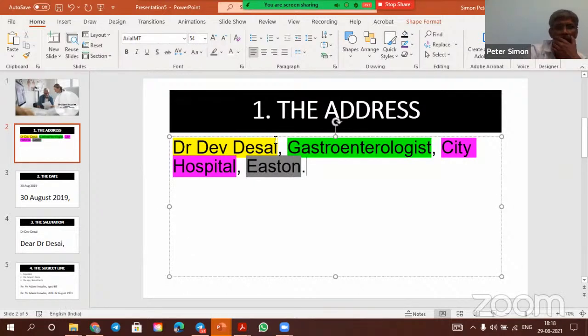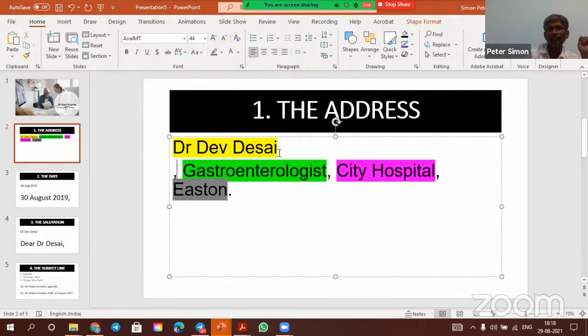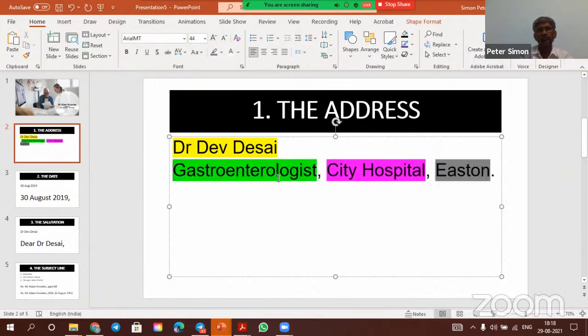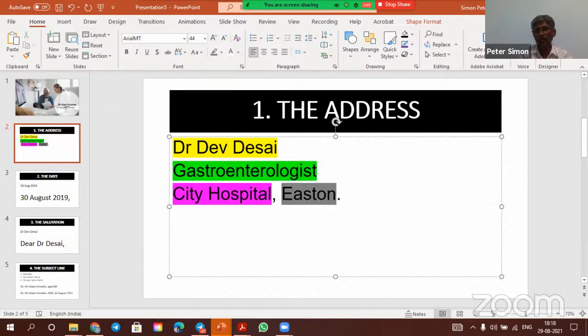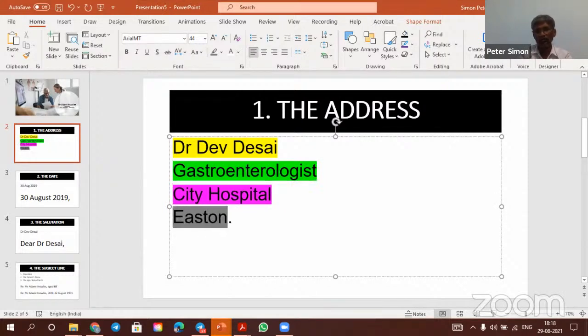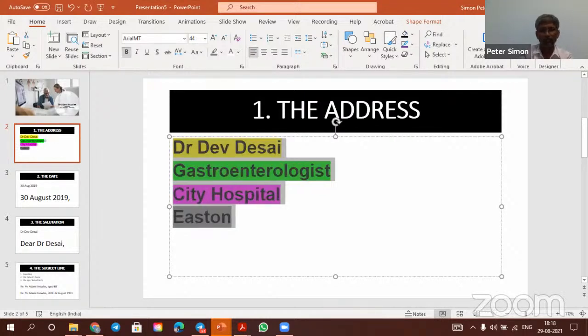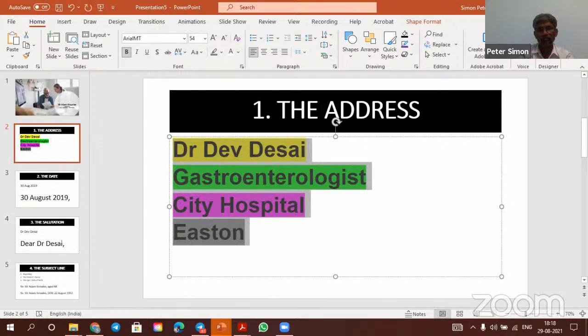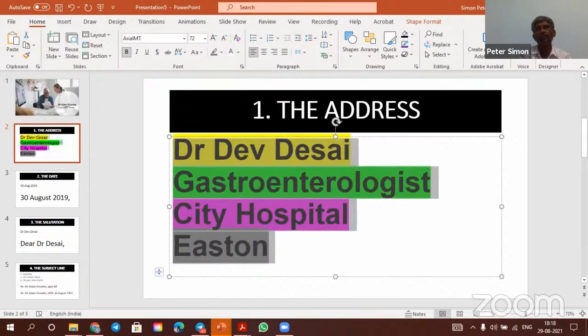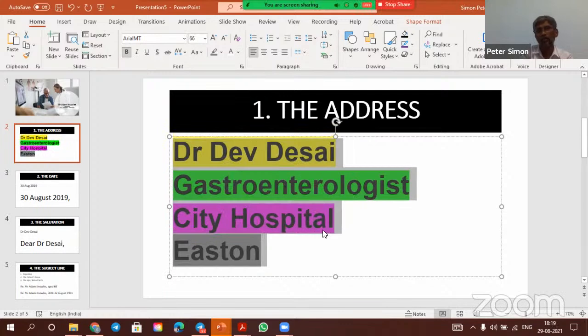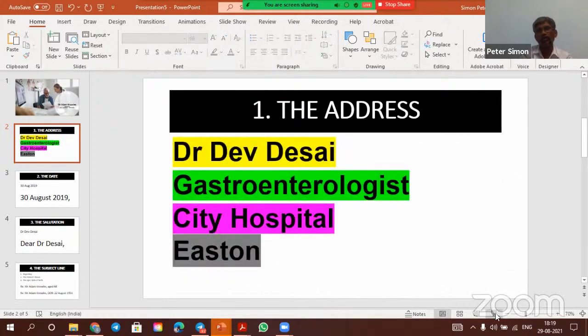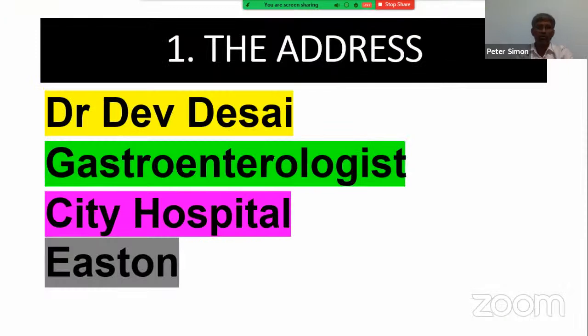Right. What you do is remove comma. No need for comma. Then next remove comma. Push it into the next line. Remove comma. No full stop. So that is how you are going to present.